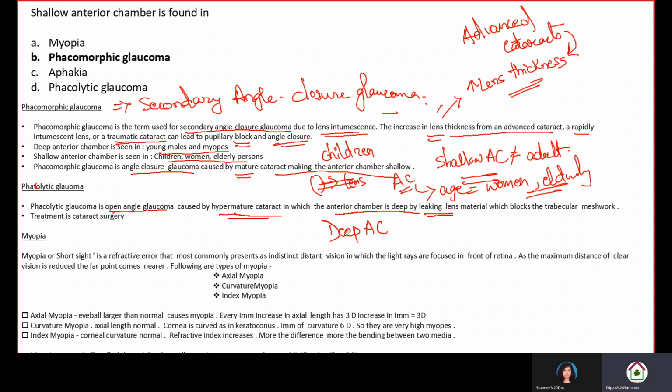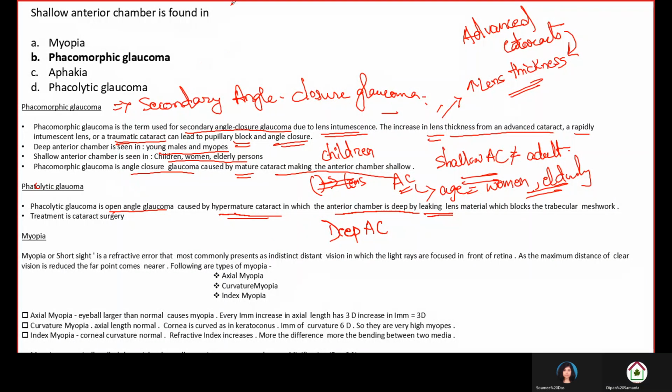Why is the anterior chamber deep? Because the lens material gets leaked out. Actually in the elderly the anterior chamber gets shallow because the opposite thing happens: lens material gets deposited.